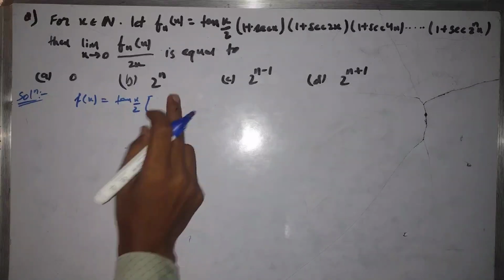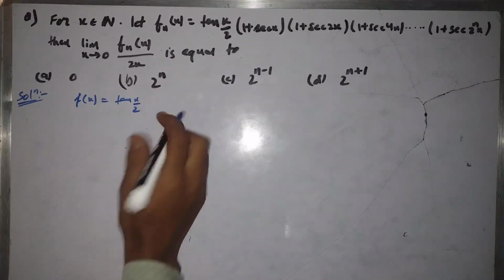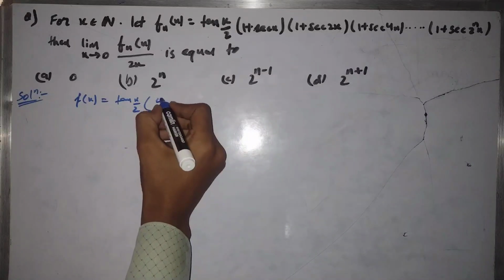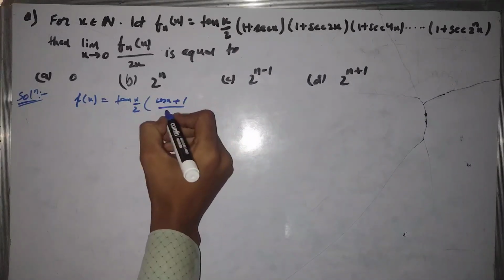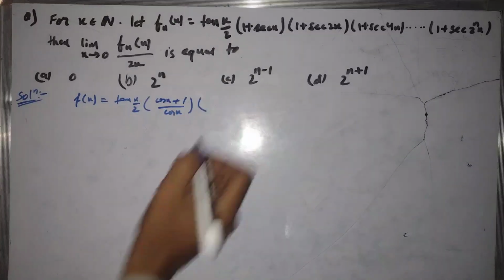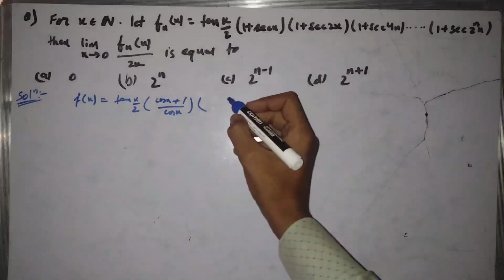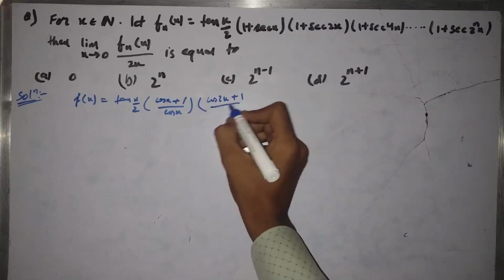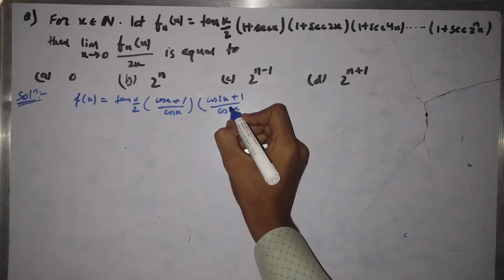Okay, we can write 1 plus sec x as (cos x plus 1) upon cos x, and 1 plus sec 2x as (cos 2x plus 1) upon cos 2x.